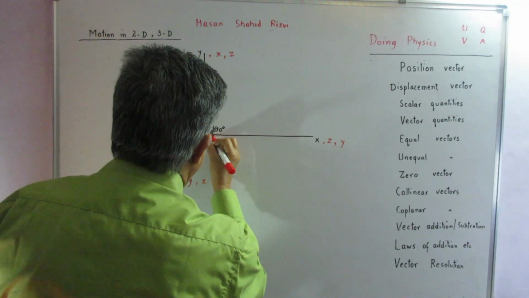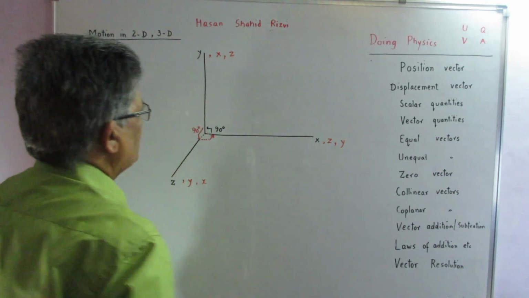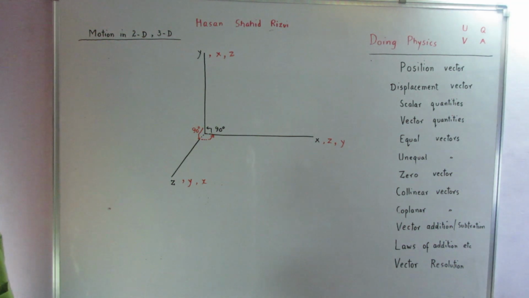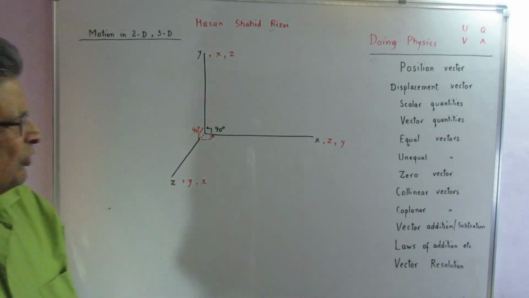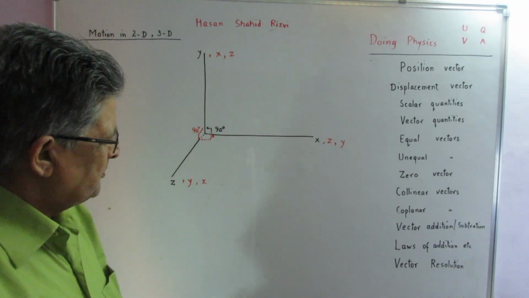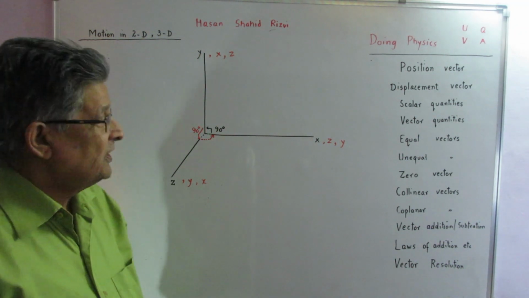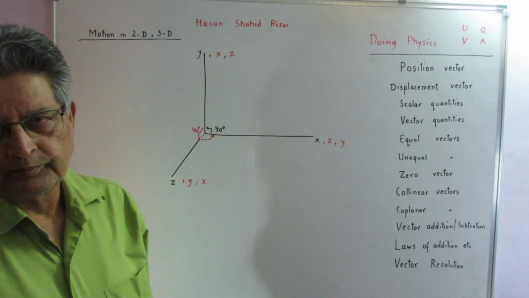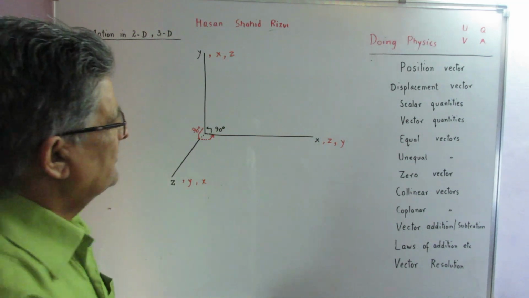They are mutually perpendicular vectors. Now, why are they mutually perpendicular? They are independent of each other. It's a very simple algebra of trigonometry.